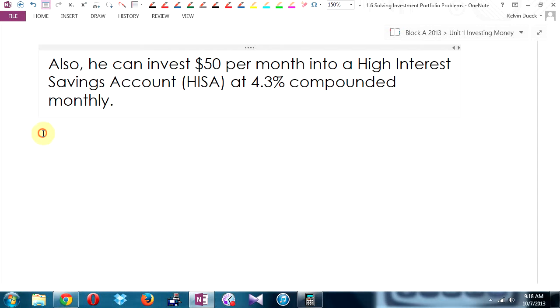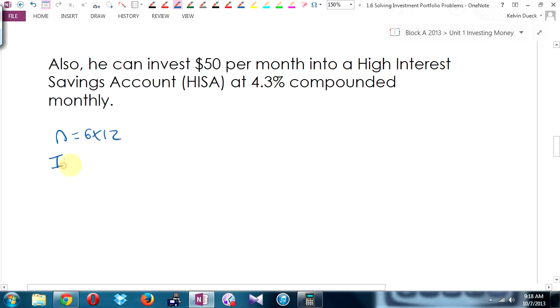Okay. So how much can he earn doing this? So again, we have n equals, it was 6 years compounded monthly, so it's going to be, I think, 72 there. The interest rate as a percent is 4.3.